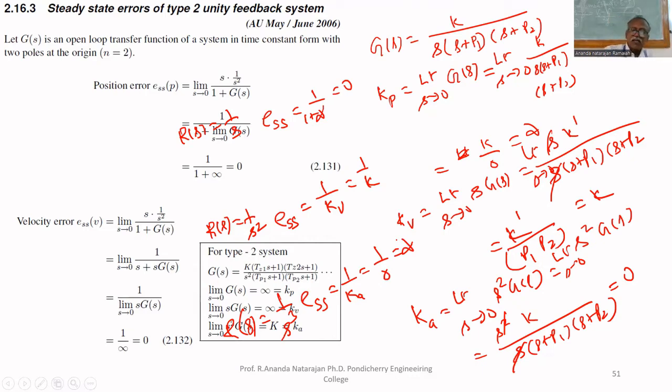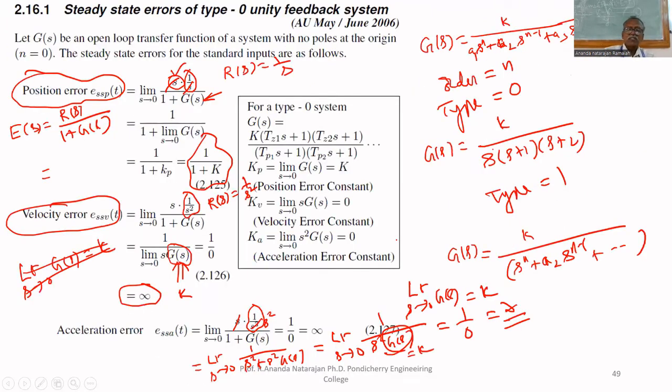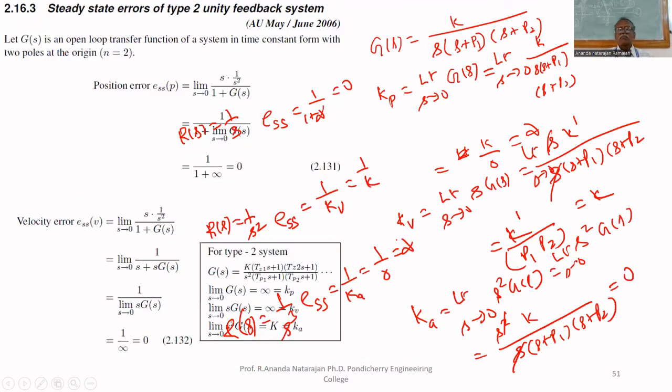Here, for the type 0 system, the first answer is 1 upon 1 plus K. Next, for velocity input, infinity, and for acceleration input, again infinity. For a type 1 system, the first is 0, the second is 1 by K, the third is infinity. Now infinity is reduced in one case.